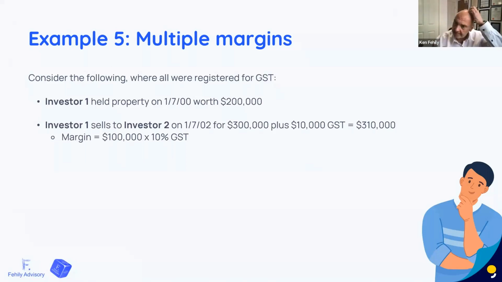So when you think about it, between 1 July 2000 and 1 July 2002, the difference is $100,000. Add 10%, sell it for $310,000. The tax office gets the $10,000 and can't claim it back. The tax office now has 1/11 of the margin, from 200 to 310, and keeps it.